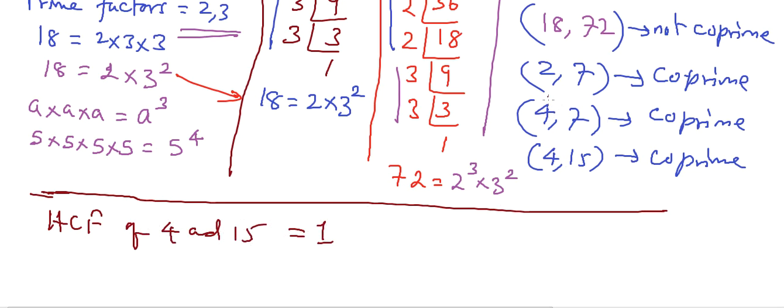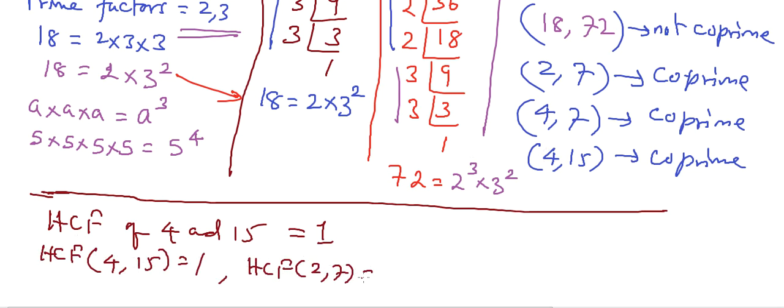Similarly, HCF of 2 and 7 is also 1, and HCF of 4 and 7 is 1.